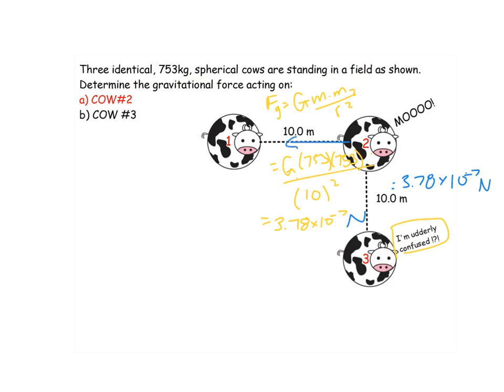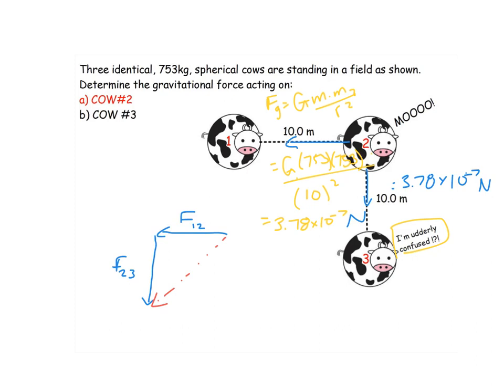This first one we calculated is to the left. The second one is down. To find the net force, we need to add those vectors together. So there's this force of gravity between cow 1 and cow 2, plus this force of gravity between cow 2 and cow 3. My answer is then this net force here.